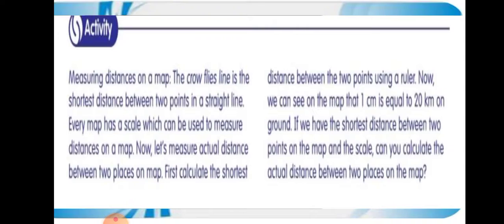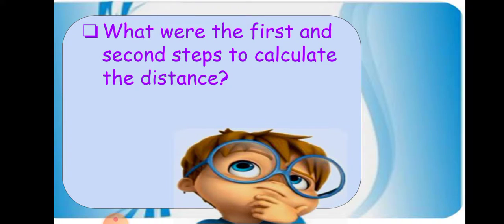If we have the shortest distance between 2 points on the map and the scale, can you calculate the actual distance between two places on the map? So write your answer in the book only. Now let's generalize our discussion. What were the first and second steps to calculate the distance?